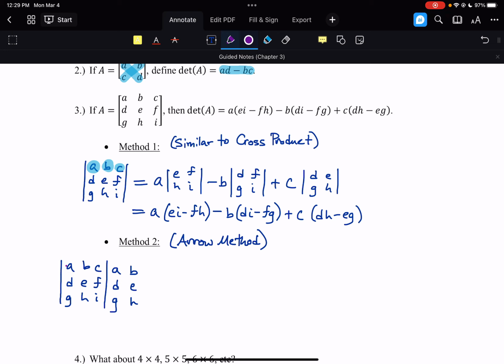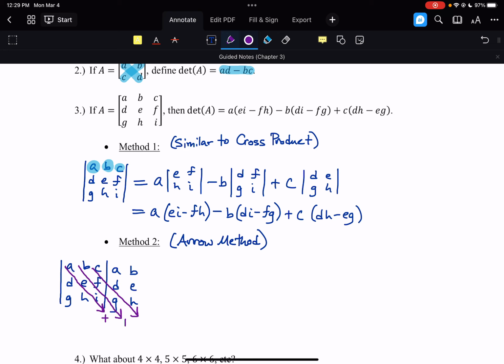So we start with this upper left-hand corner, and we're going to go down those 3 right there. Then we go over 1 and we do these 3. Then we go over 1 and we do these 3.